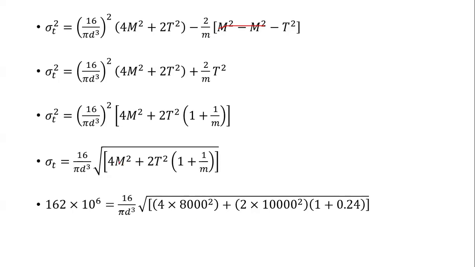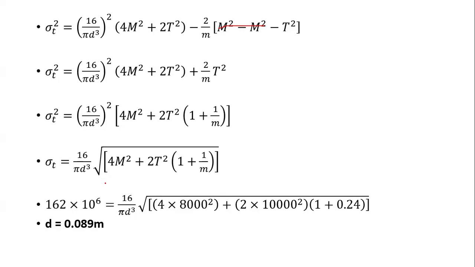Your m is 8,000. We don't know what d is. And then this is 162 times 10 raised to power 3. Now, from there, you can make d the subject, and your answer is 0.089, which, if you convert this to millimeters, becomes 89 millimeters.